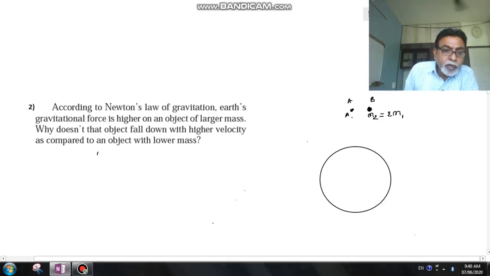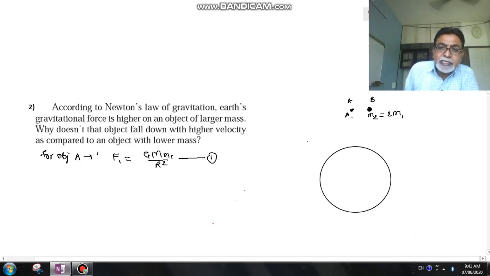So what will we calculate for object A? For object A, the force acting on object A we'll call F1. F1 is equal to GMm1 upon r square. This is equation number 1.